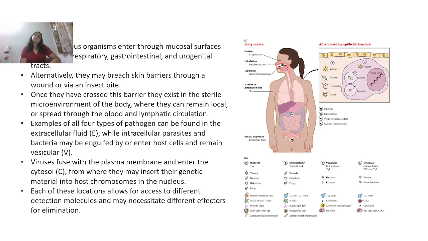Whenever we are eating something, so many pathogens can enter at that time, or through urogenital tracts, where there are millions and millions of bacteria or other pathogens which can enter. Mostly these organisms enter through these points.